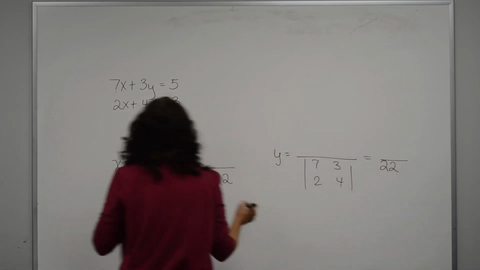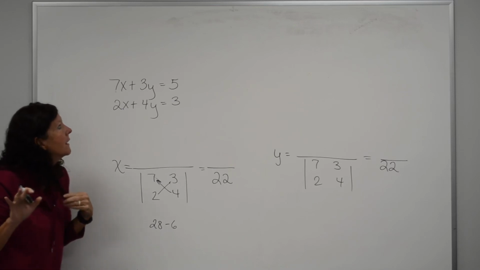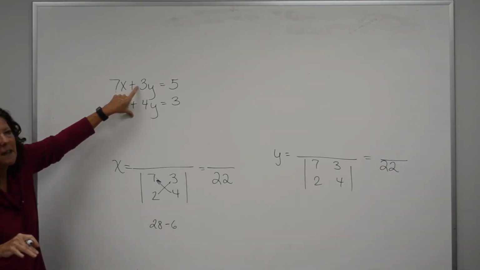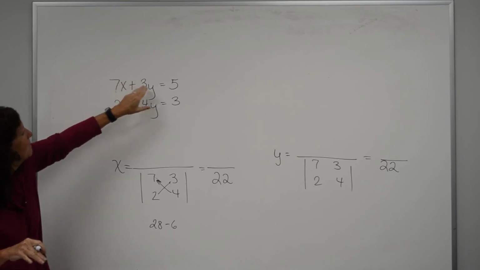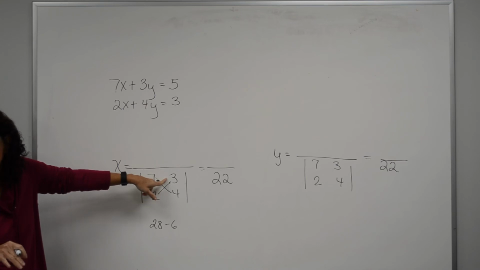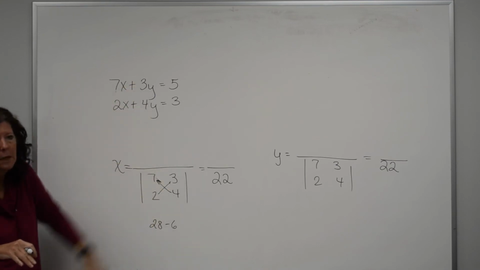Now I will say, and I noticed this on the homework that you did, if one of these is a negative, like if it says 7x minus 3y, then I've got to put that negative in front of that 3. So don't forget to carry the sign in front of it down here with it.